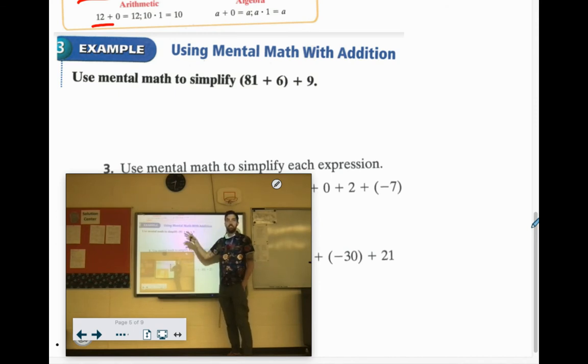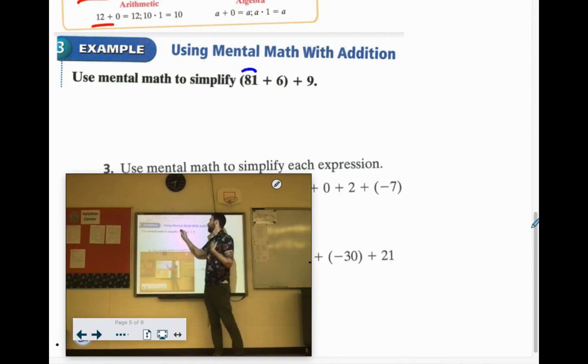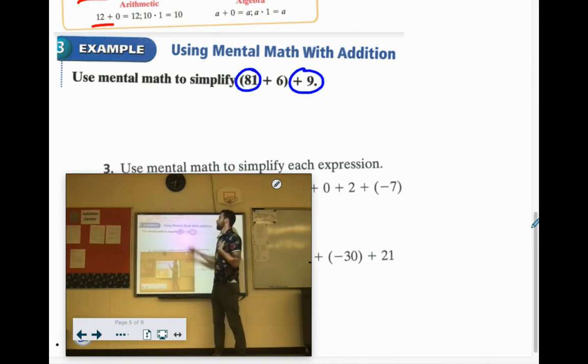It would be the same as if you had 81 grouped with 9. It doesn't really matter. If it's all addition, the parentheses are honestly pointless. So like here, I can do 81 plus 9 in my head pretty quickly. 81 plus 9 will get us to 90. And then 90 plus 6 is pretty easy to do. 90 plus 6 will give you 96.